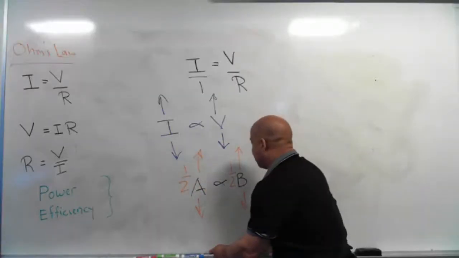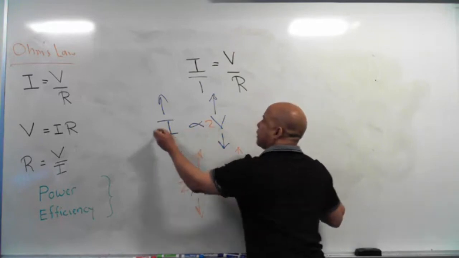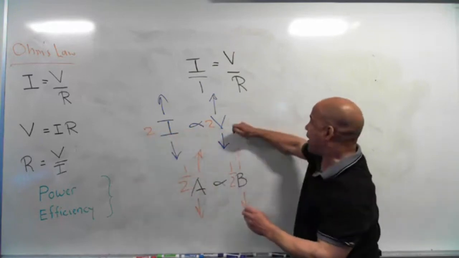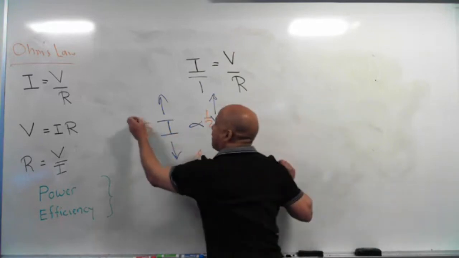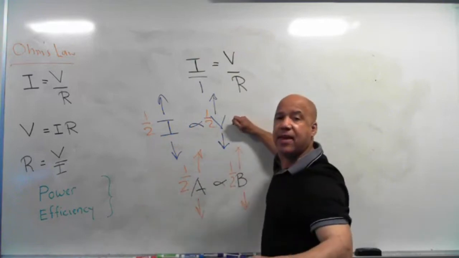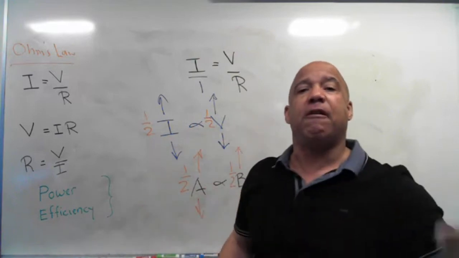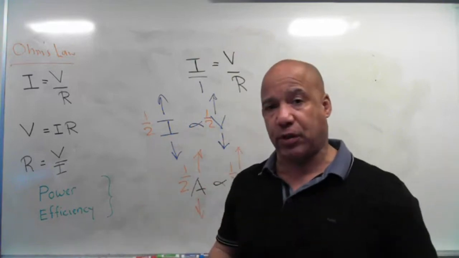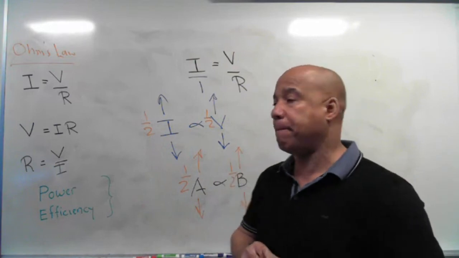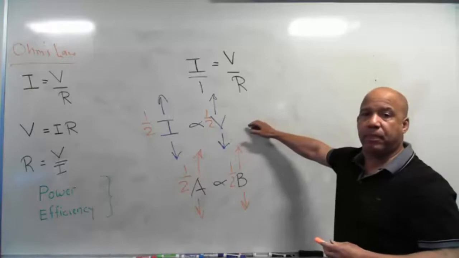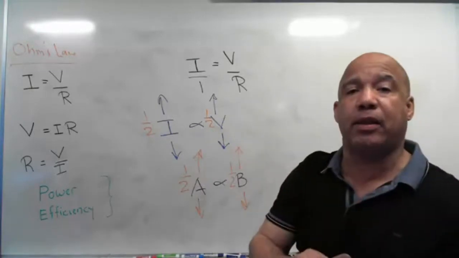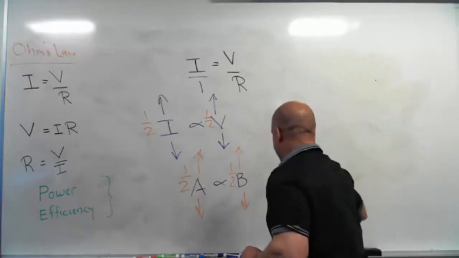If I double the voltage, I'm going to get twice as much current. If I cut that voltage in half, I get half the current. Whatever I do to V, I follows. V and I are directly proportional. Do you see it? Yeah. Okay, that's important. I could write this another way though. Look, I can do this.